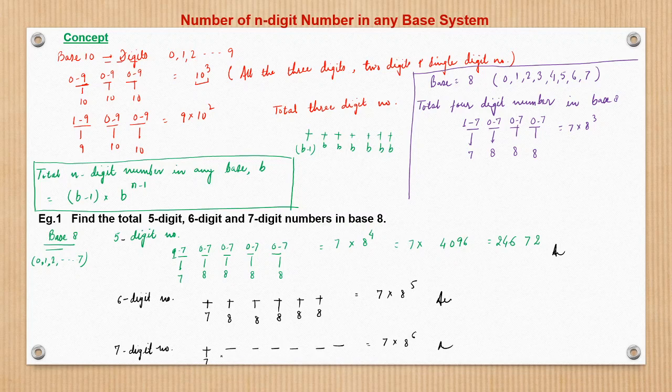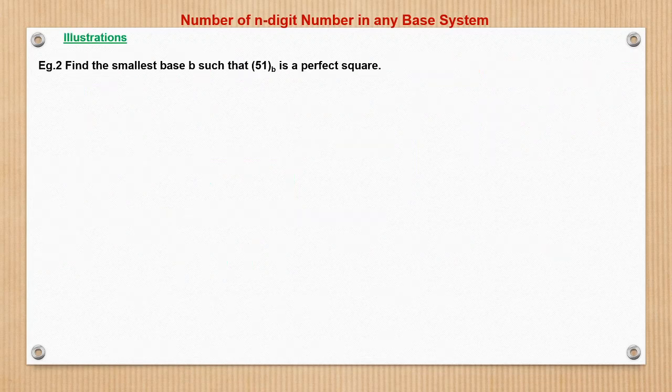So this we can write. So this is the basic understanding around the number of n-digit numbers in any base system.